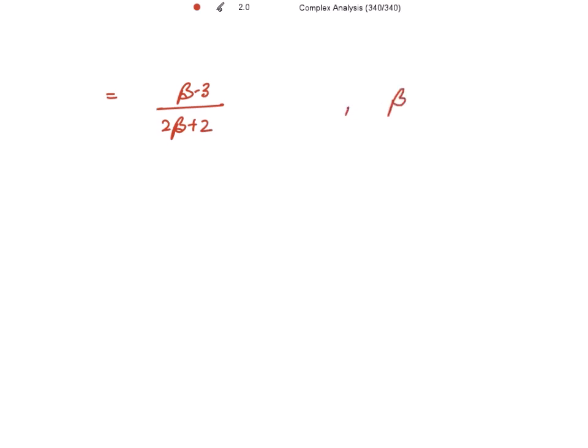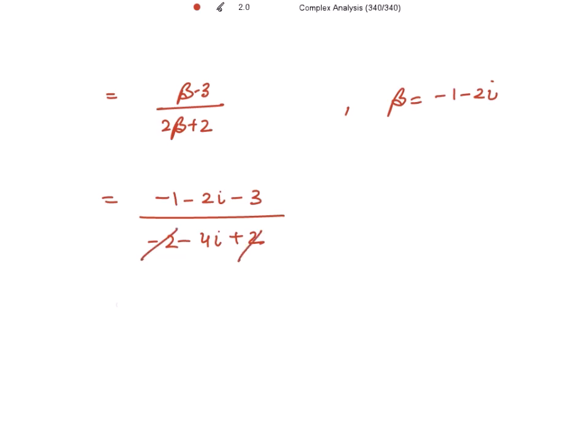Putting back the value of beta, that is minus 1 minus 2 iota. So this is minus 1 minus 2 iota minus 3 divided by twice of beta, that is minus 2 minus 4 iota plus 2.